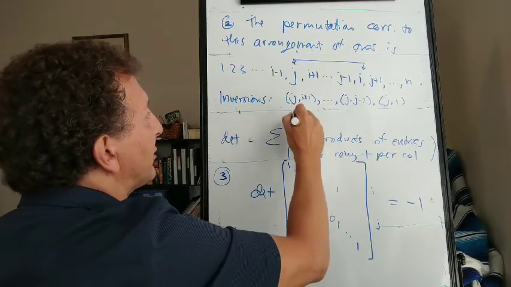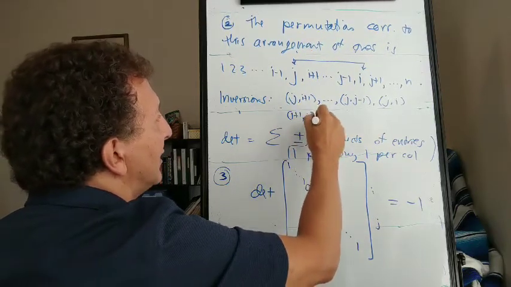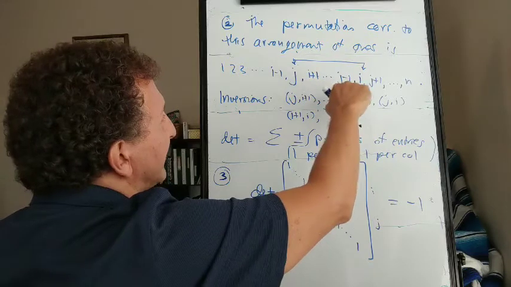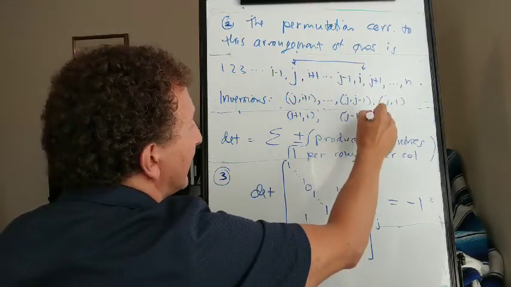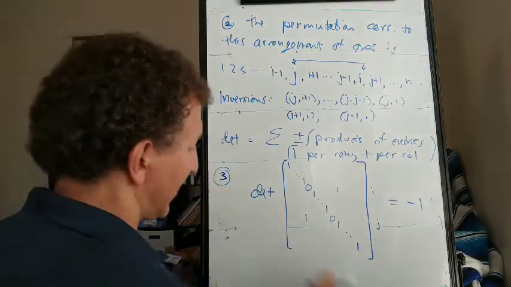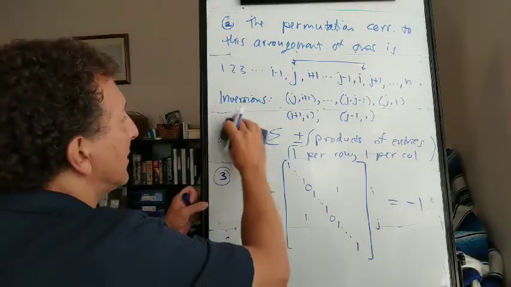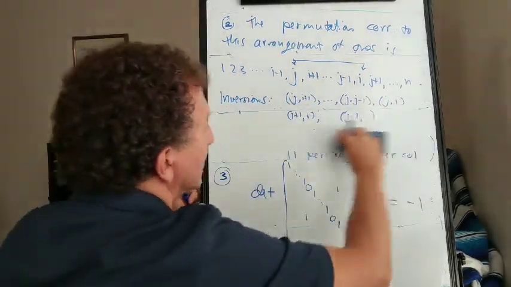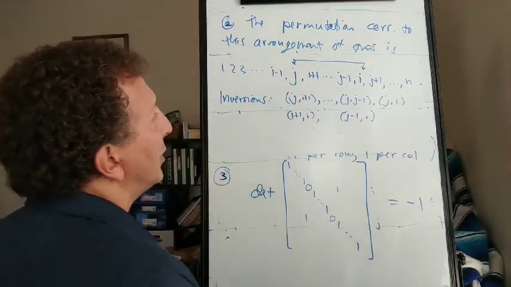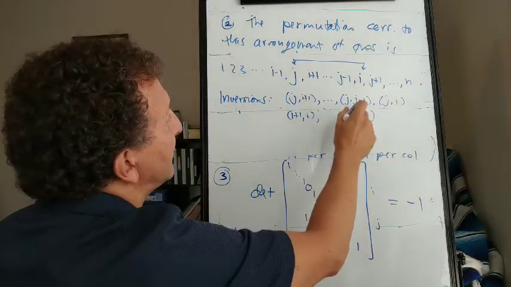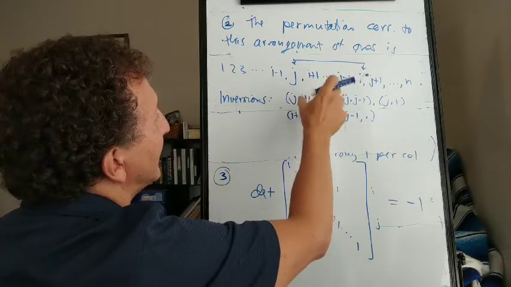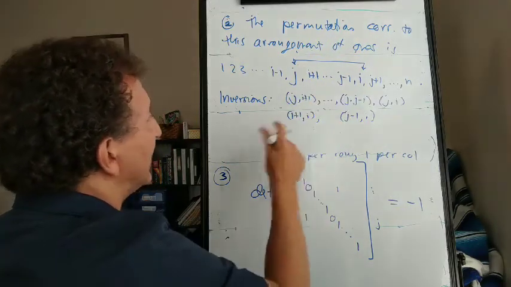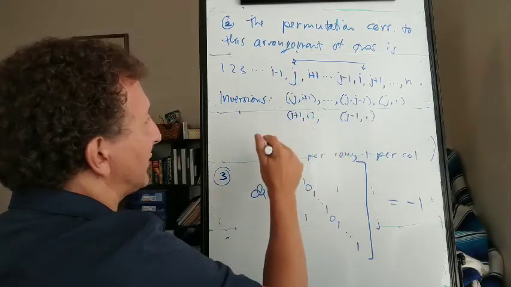So that means that I+1, I is an inversion, I+2, I, etc. all the way up to J minus 1, I. So we have J minus 1 minus I inversions here, and then J minus 1 minus I inversions here.